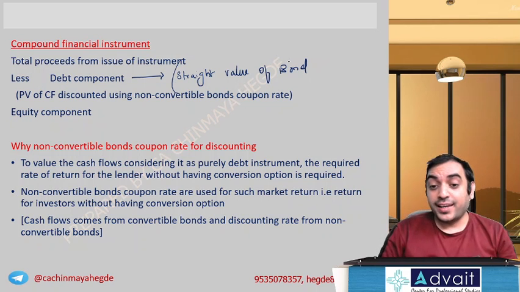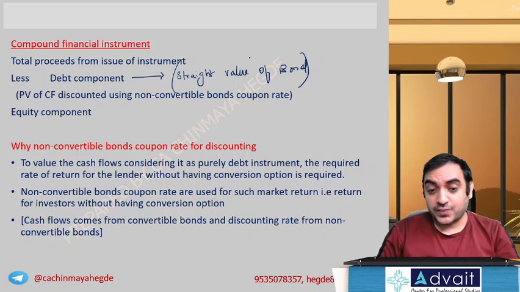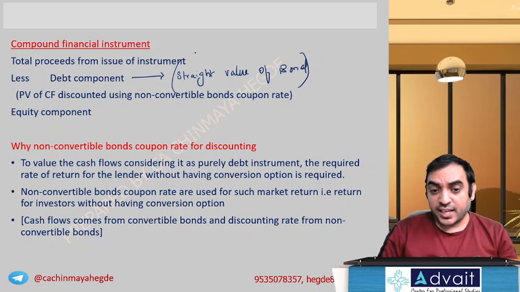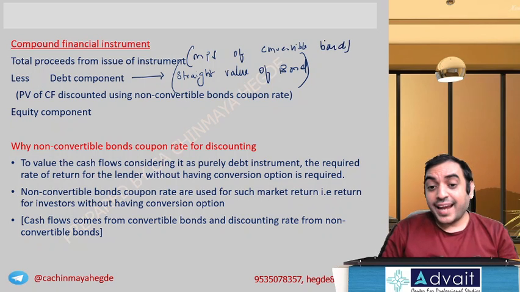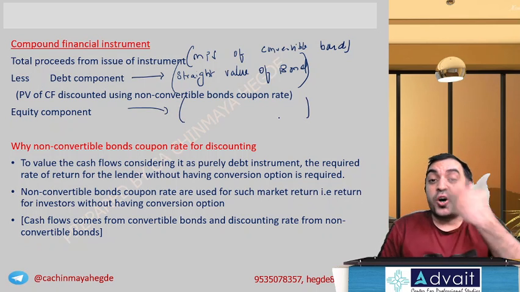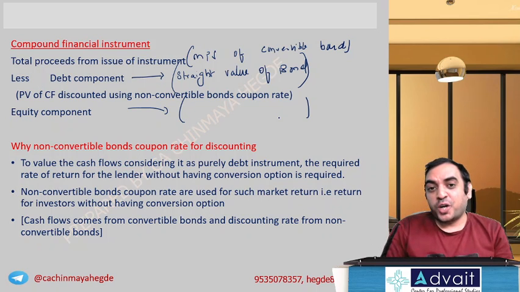Straight value of bond in SFM, convertible bonds. Total proceeds is the market price of the convertible bond. And then we find the difference. Here we call it the equity component. Do you remember what this difference used to be called in SFM, in the convertible bonds, bond valuation chapter, security valuation chapter?